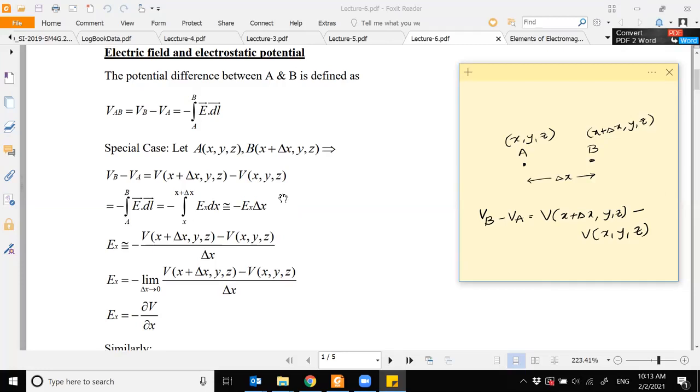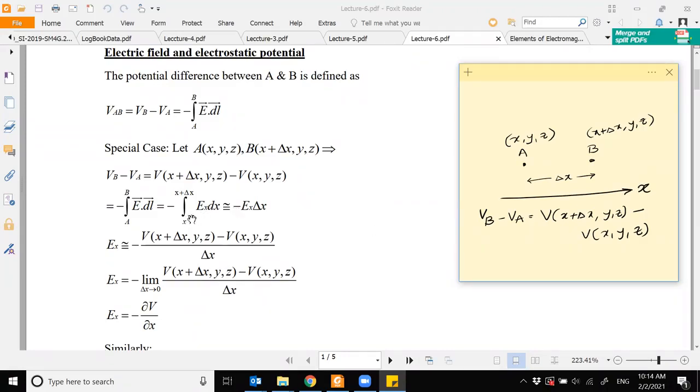Therefore the integration has limits from x to x plus delta x, and in E bar dot dl bar only the x component will be left.